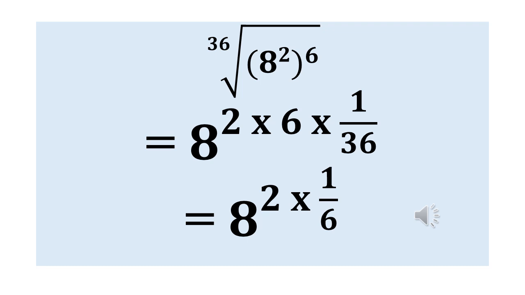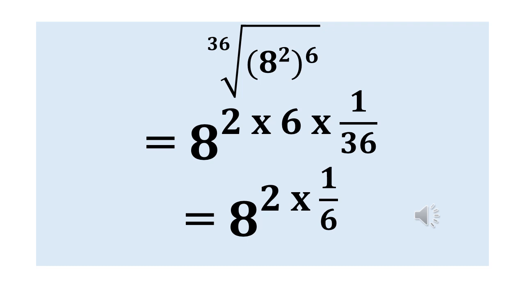So we are using that rule here. So we have 8 raised to power 2 times 6, then times 1 over 36, because the 36th root changes to exponent 1 over 36.